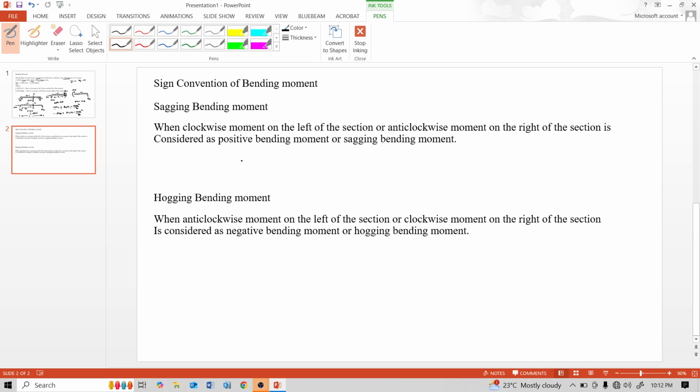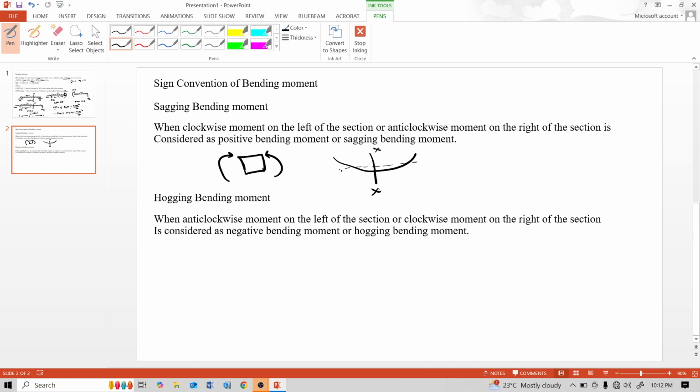See, consider this is the section, this is clockwise moment and this is anti-clockwise moment. Here consider this is XX, and this dotted line is the beam, and due to forces this beam deflects like this.